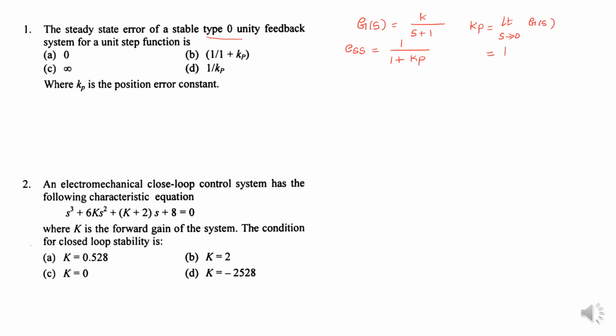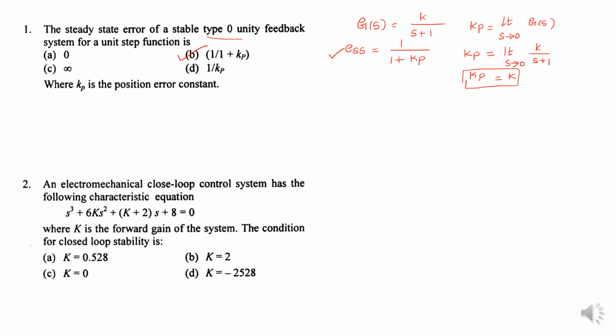What is the value of G of s? K by s plus 1. I have to substitute s equal to 0, so Kp equals K. So what is the steady state error? 1 divided by 1 plus Kp. Option B is the correct answer.